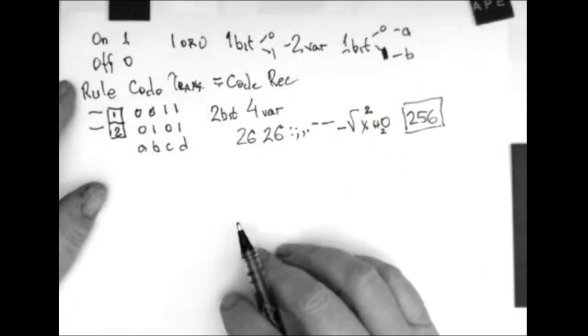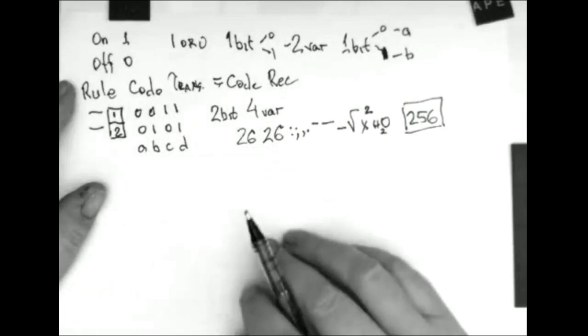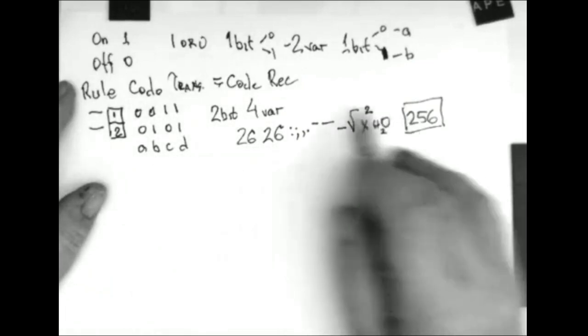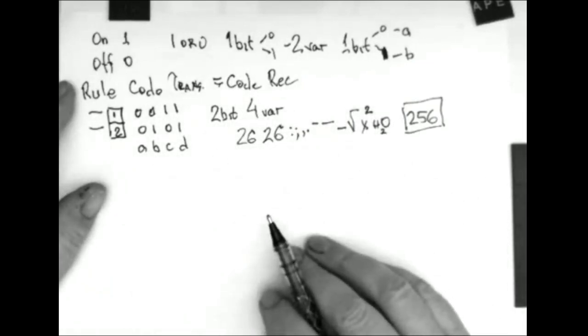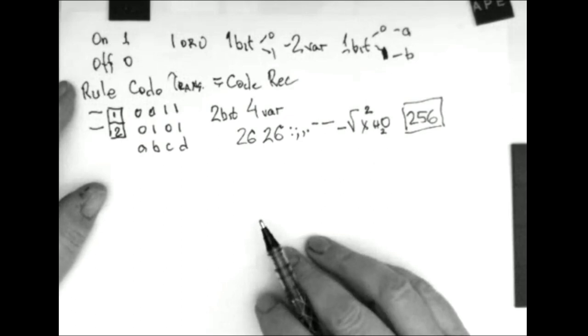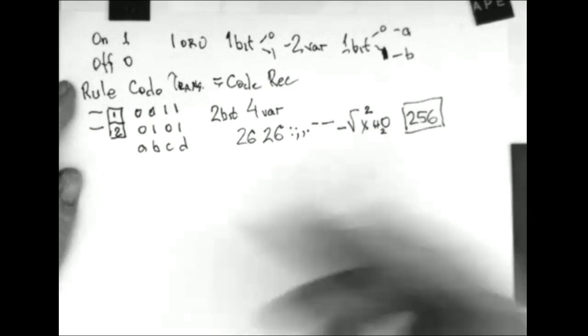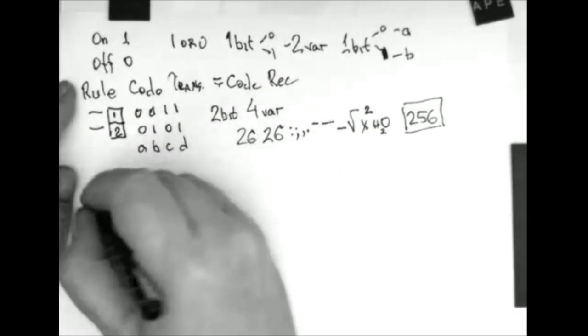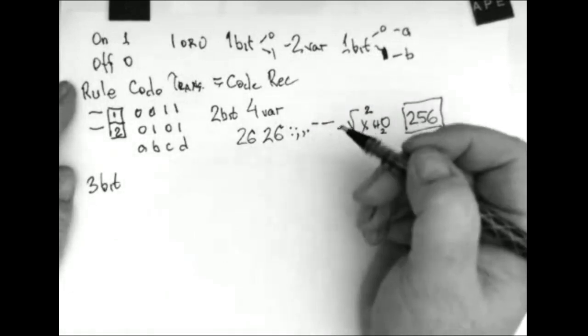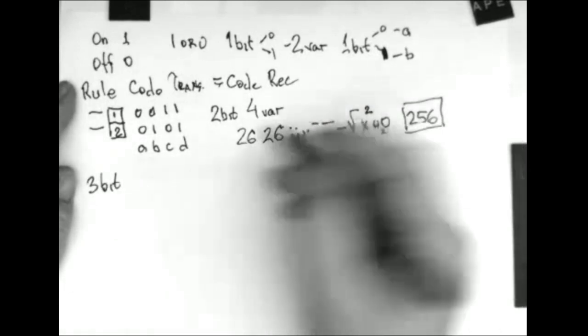Then the question is, how many bits do I need to use to encode all letters and all symbols, punctuation, and whatever else I use in my alphabet? Let's try 3. For 3-bit, I will have, I believe, 8.